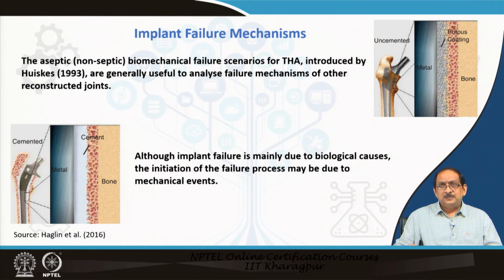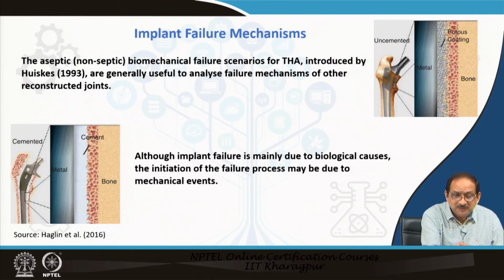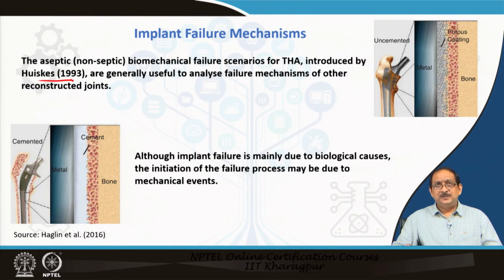Let us now discuss the second topic, that is, the implant failure mechanisms in detail. Aseptic biomechanical failure scenarios or mechanisms for total hip arthroplasty were summarized by Huiskes in his publication in 1993.